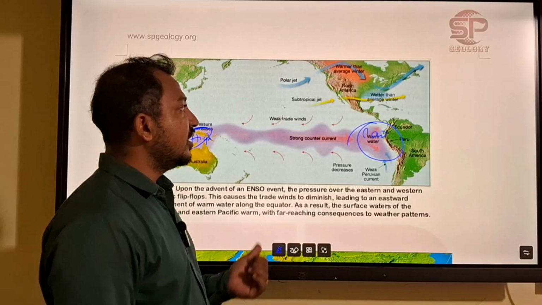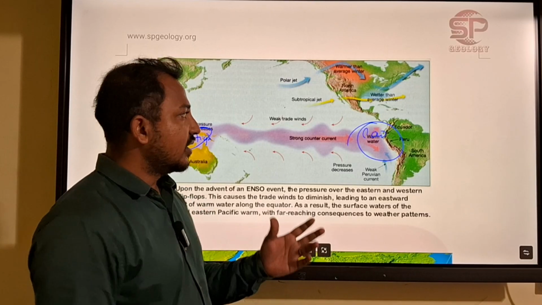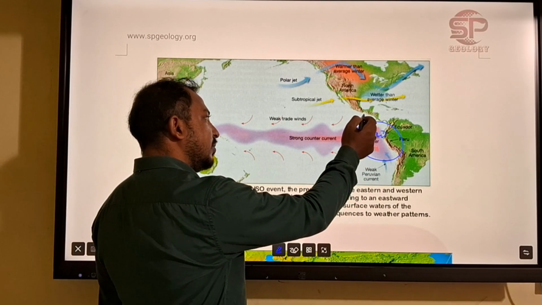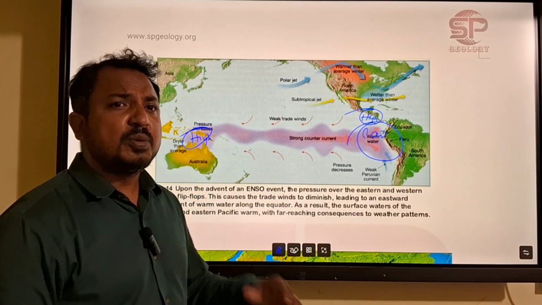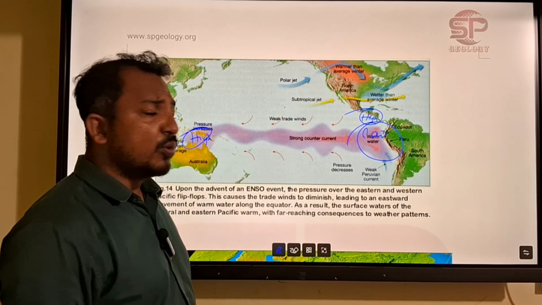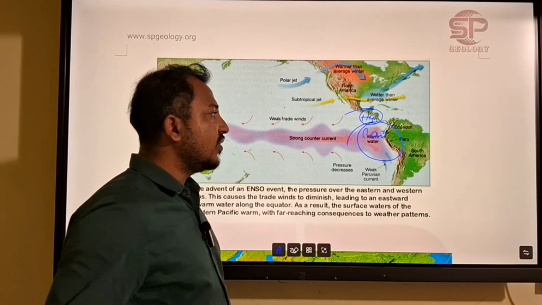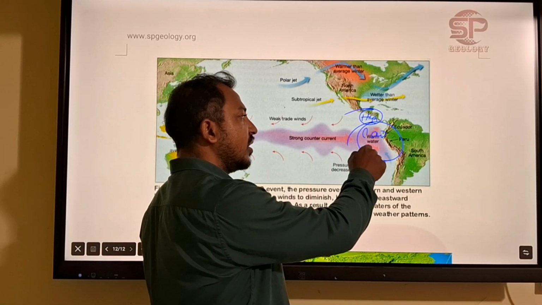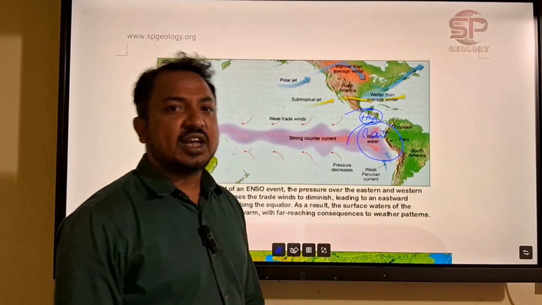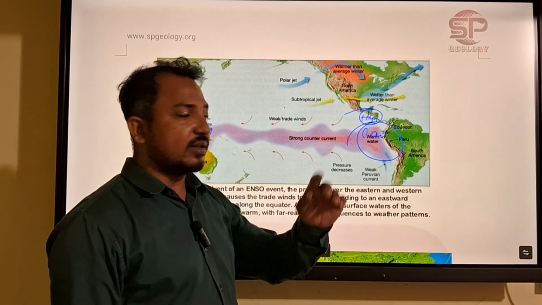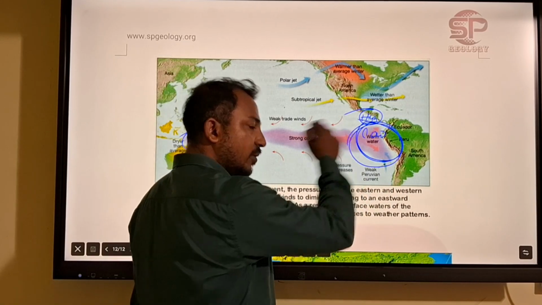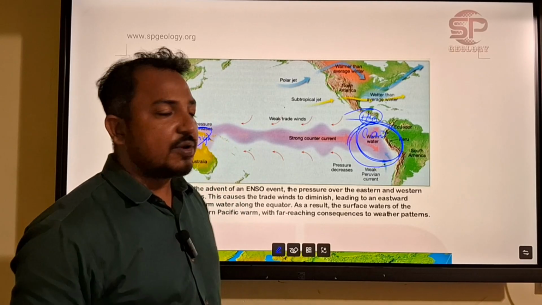Then during La Nina condition, this region, like in normal, will be high. It will be more colder. There will be stronger trade winds. It will be more colder, and there will be more upwelling and mixing. So it will be more nutrient rich in La Nina condition, where this region will become colder than the normal condition.